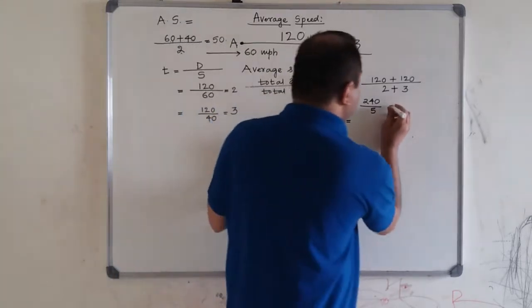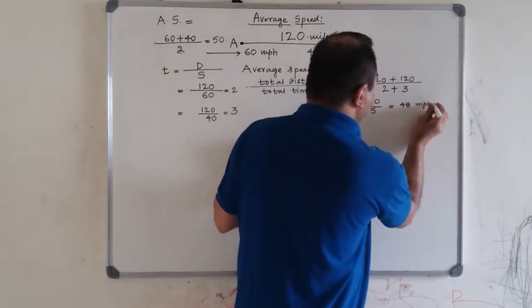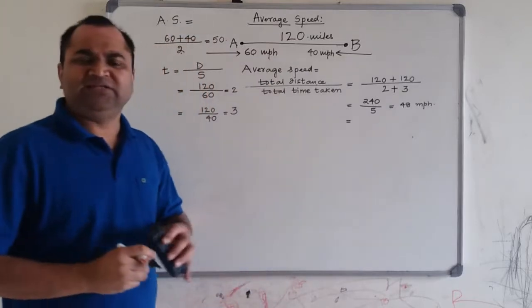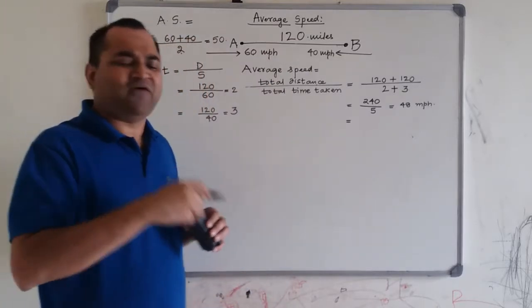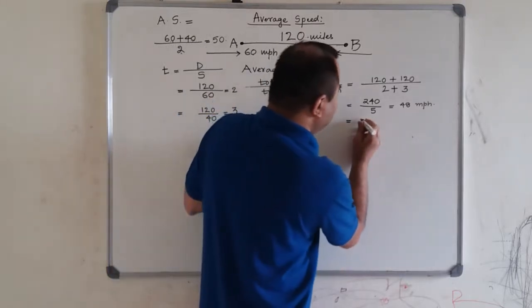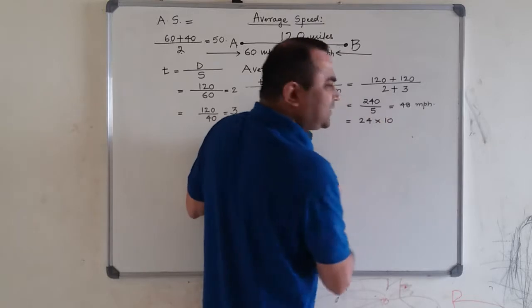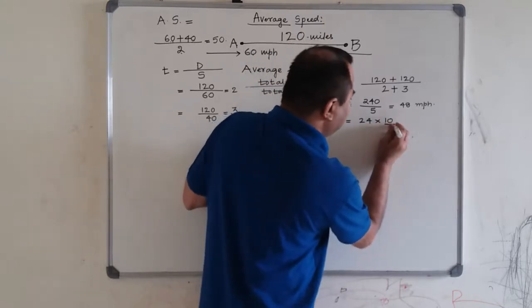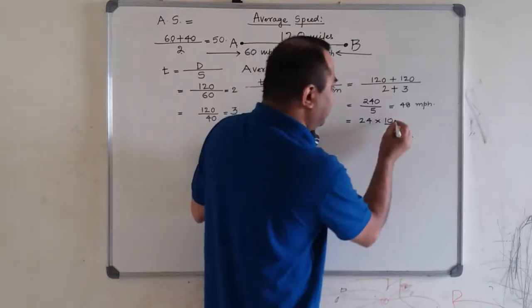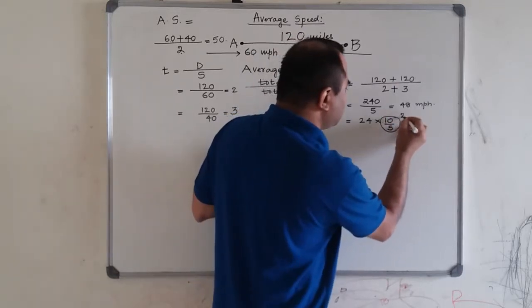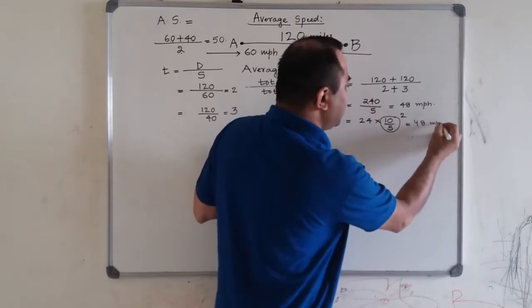48. How do you find this slightly fast? 240 over 5. Instead of dividing in your mind 240 by 5, you look at 240 as 24 into 10, which it is, and 10 divided by 5. This 5 you write below 10. So 10 by 5 is 2. So 24 into 2 is equal to 48.